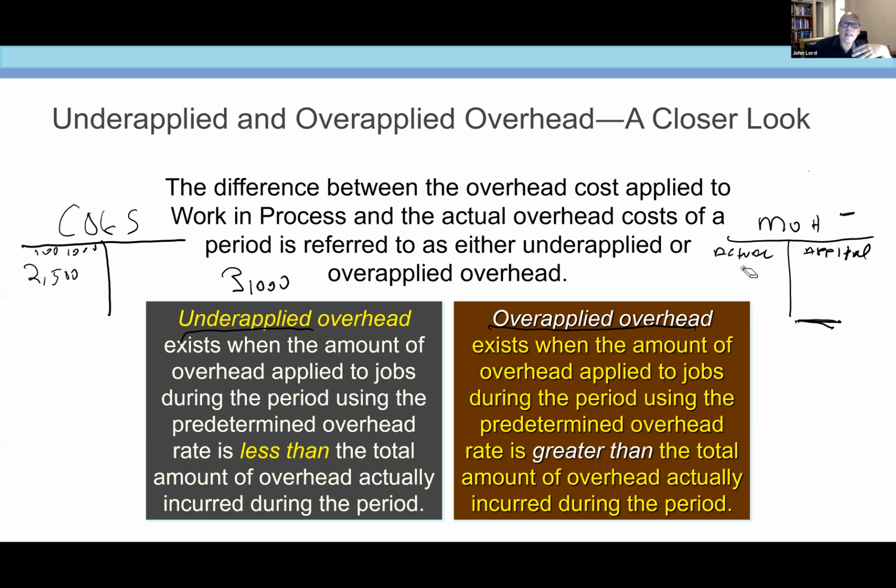What would happen if I had over applied it? Well, now this would be the 20,000. We'll leave that at 20,000, and this might be say 23,000. Well, now I'm over applied. To zero this out, I'm going to do what? Debit. This should be 20,300.